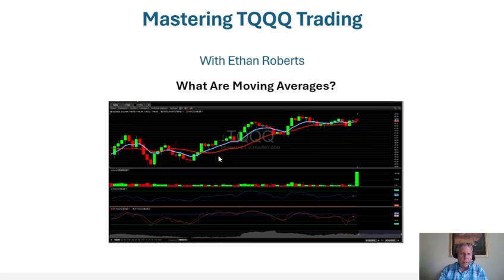The colors really are incidental. You can have whatever colors you prefer. I just use blue and red because they're easy to see. So this is a chart showing a crossover that occurred right here for one place, and then after coming back and hitting the line, it went even higher.